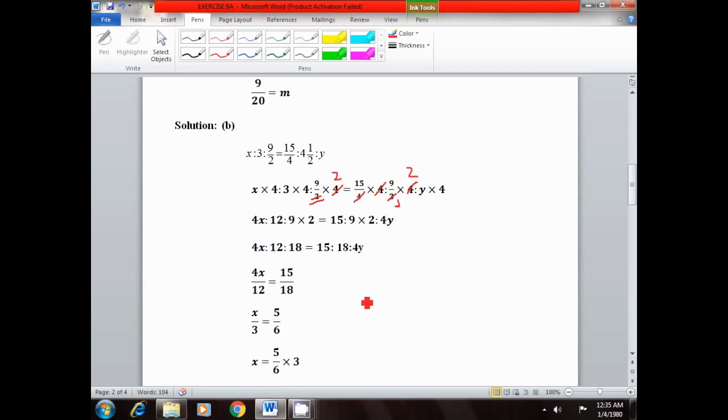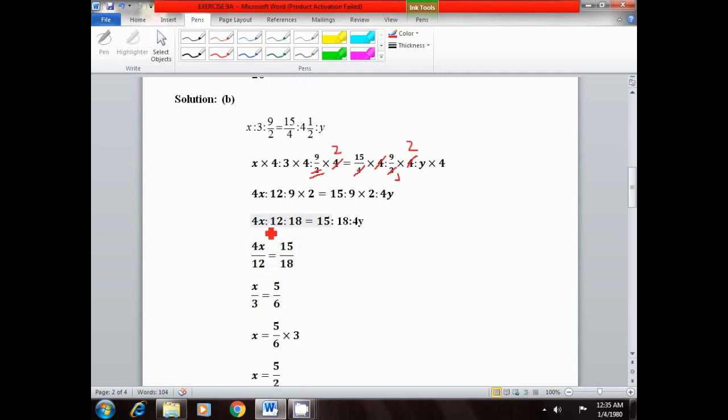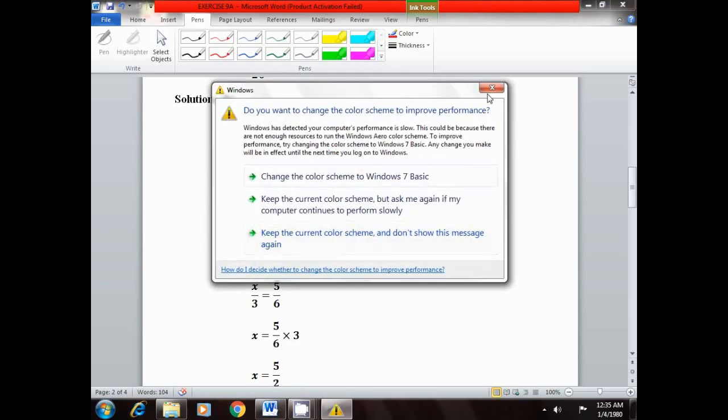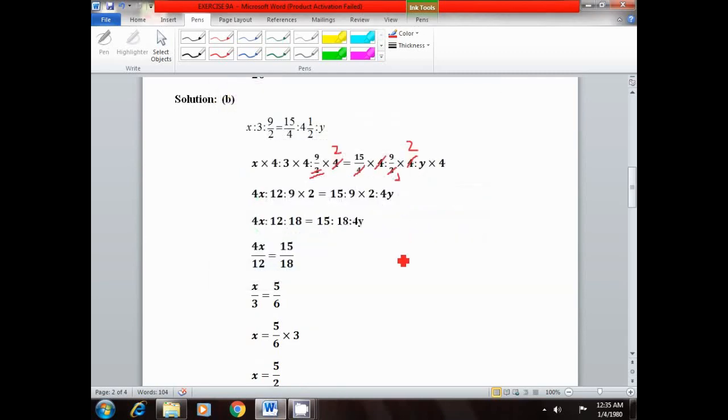Now to find the value of x, in this ratio we have been given both quantities x and y. First of all, we will find the value of x, and then we will calculate the value of y. To find the value of x, we will take the first two quantities 4x and 12 from the left side, and on the right side again we will take the first and second quantity.